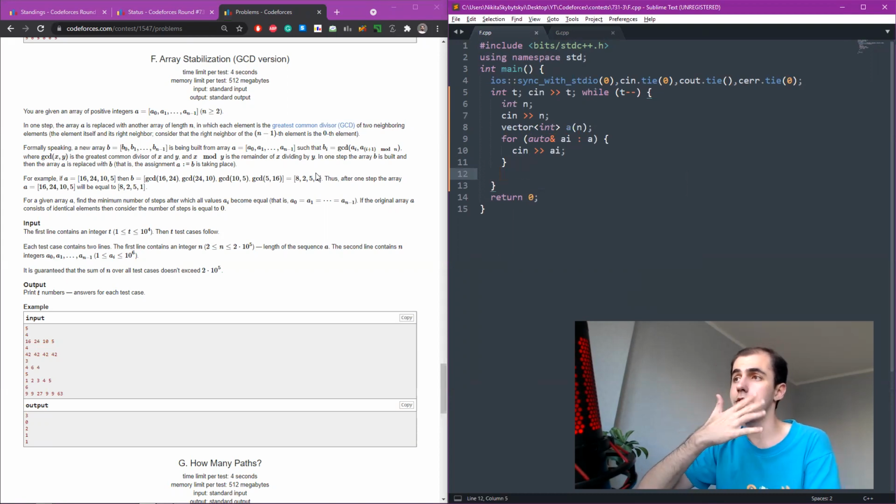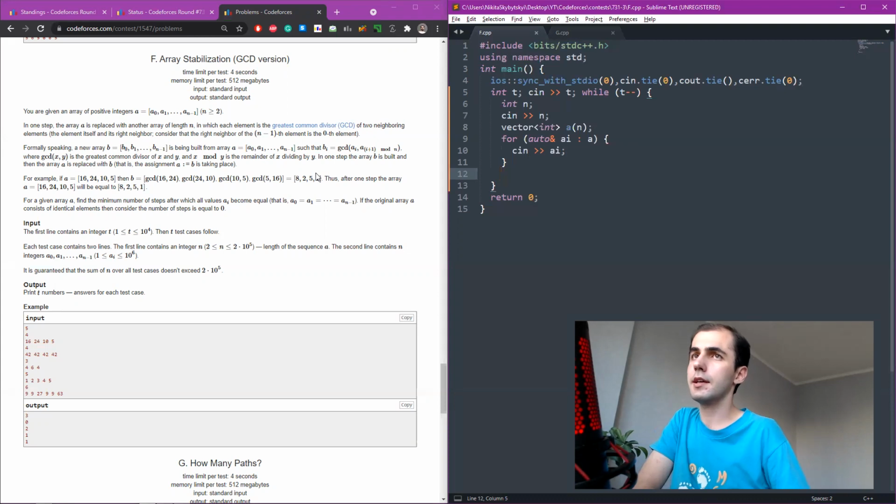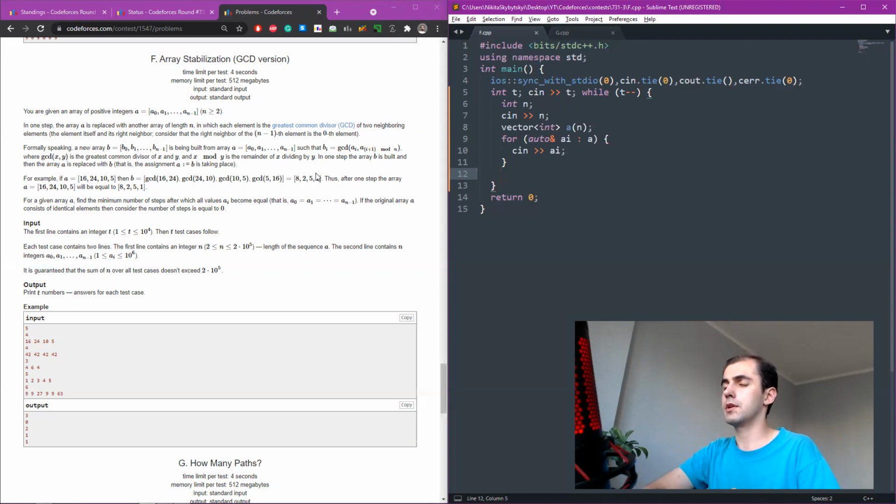I believe that because of how GCD works, all elements of the array will become equal to the GCD of all numbers. Does it make sense? Because if some g divides all numbers, then it keeps doing this after the operation. And if some g prime does not divide all numbers, then it won't divide them after the operation, because there was a number somewhere that it was not divisible by, and both numbers around it will become not divisible by it.